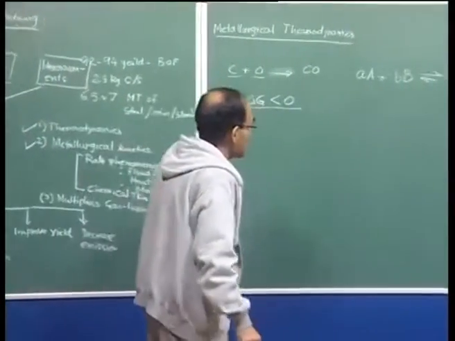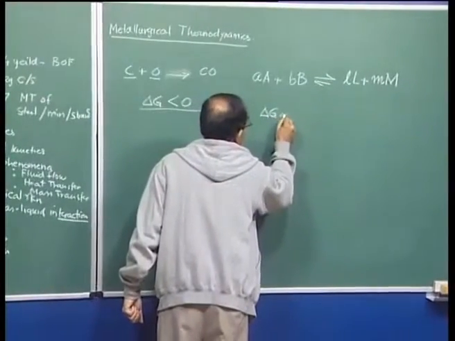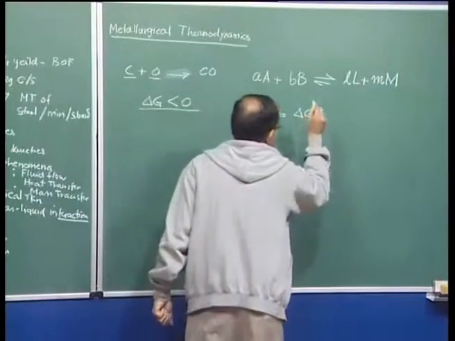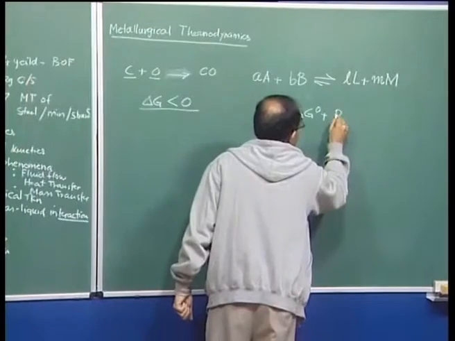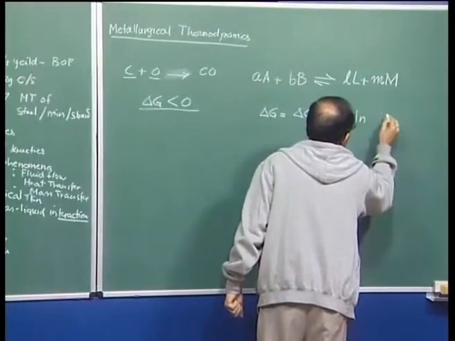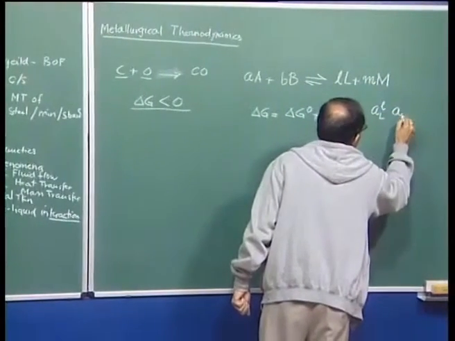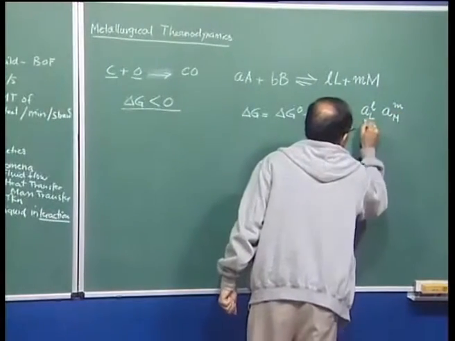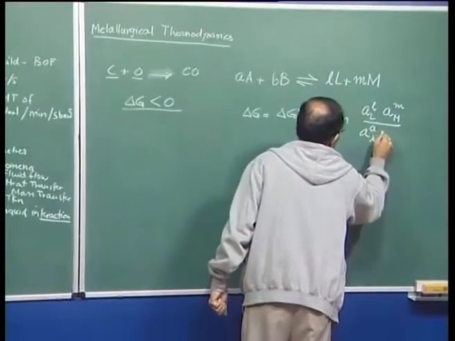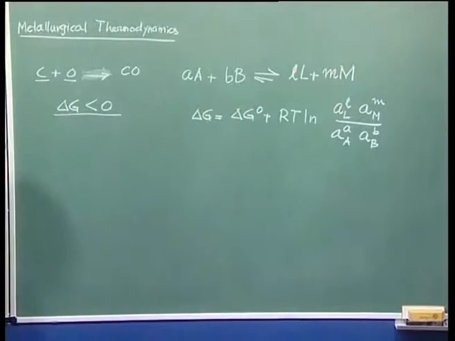In this particular case, the expression that we know from our knowledge of thermodynamics is: delta G, the free energy change for the reaction, is the standard free energy change plus the gas constant times temperature times the logarithm of the activity of L raised to the power l, activity of M raised to the power m, divided by activity of A raised to the power a, and activity of B raised to the power b.